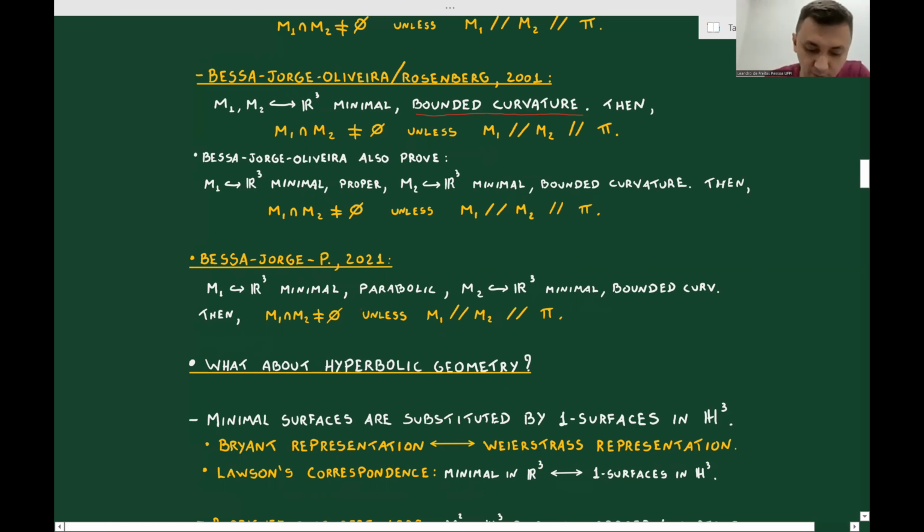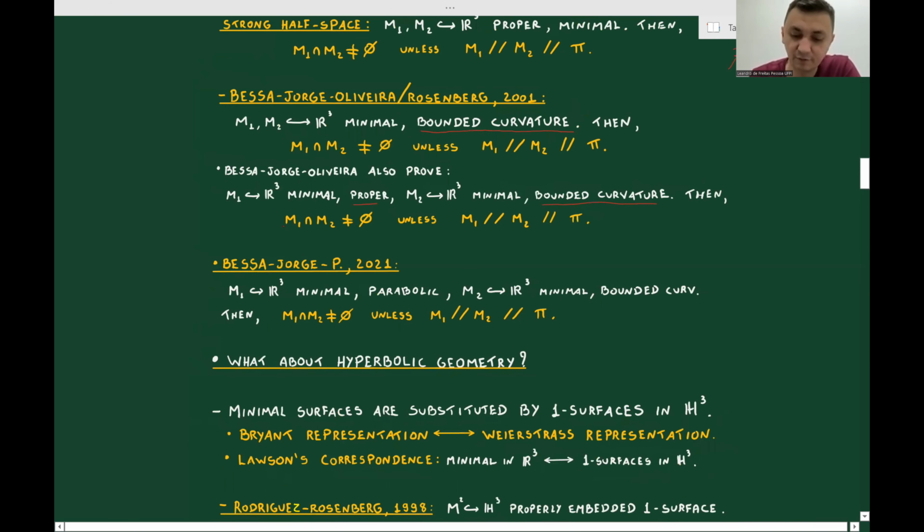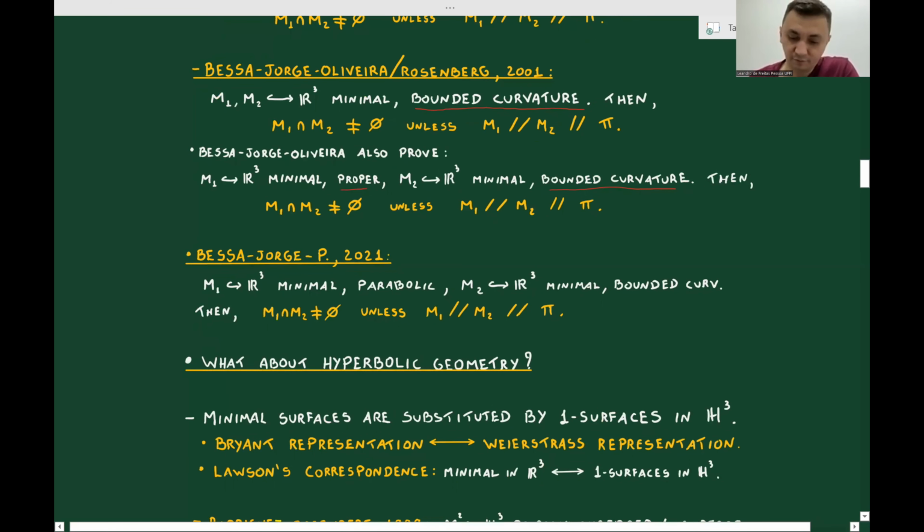So if you pick M1 as a minimal surface, which is proper, and M2 with bounded curvature, here all the surfaces are complete, they have this strong version of the half space theorem. So the surfaces must intersect or they are parallel planes.